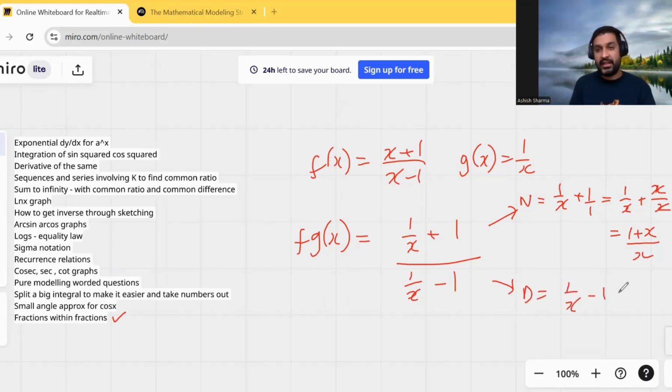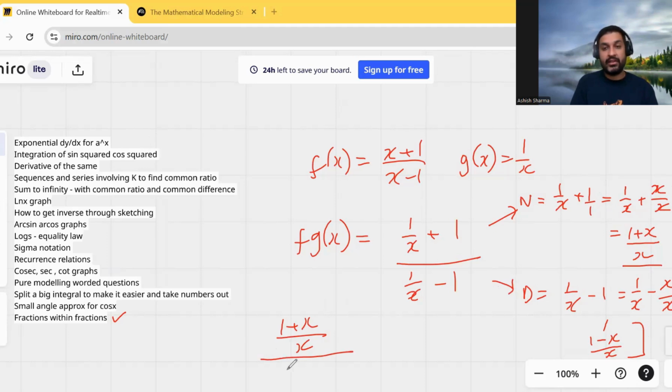I mean, this is a fairly okay-ish example. You get 1 minus x over x. So you've got your numerator, you've got your denominator, and then you have to put them on top of each other. There's your numerator, there's a denominator, and I see some students freeze here as well. Remember, how do we divide fractions? You keep the first fraction, the numerator, as it is.